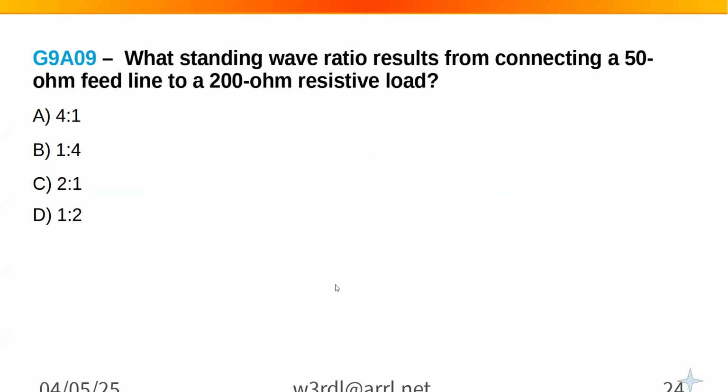What standing wave ratio results from connecting a 50 ohm feed line to a 200 ohm resistive load? In other words, I've got a 200 ohm dummy load. It's the ratio. Alpha.